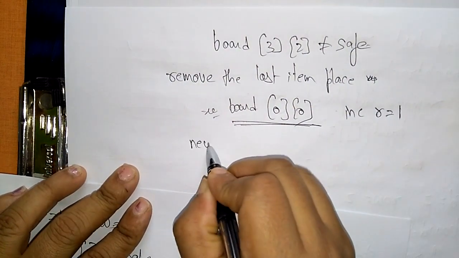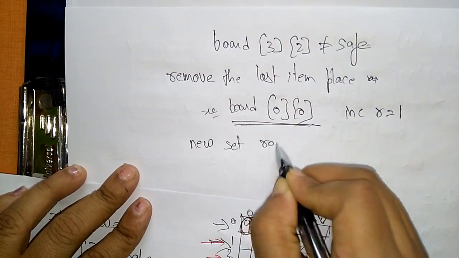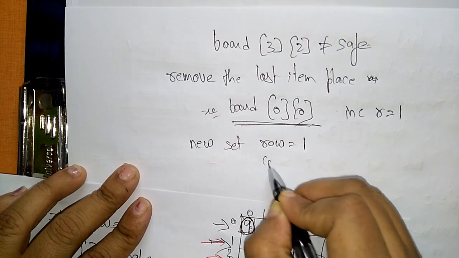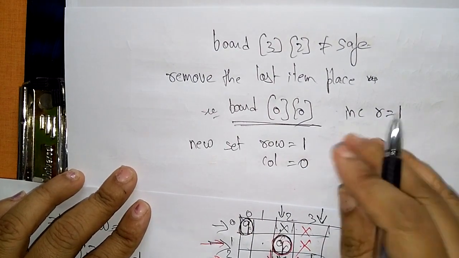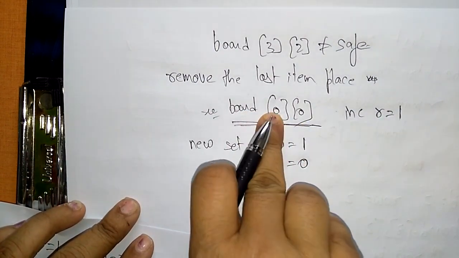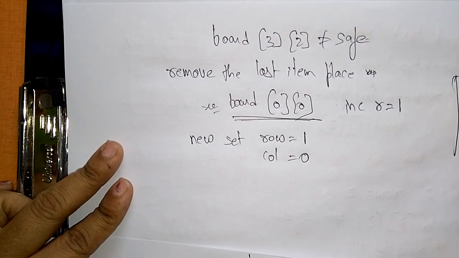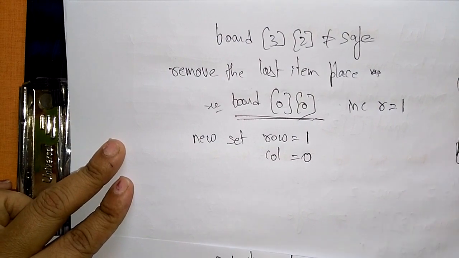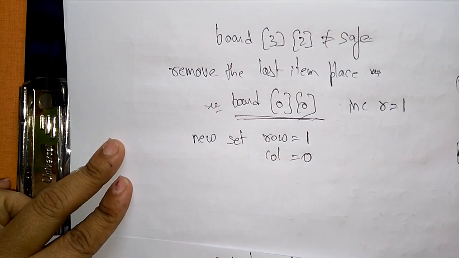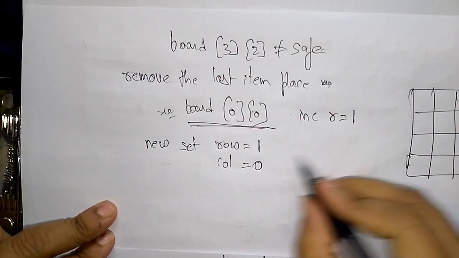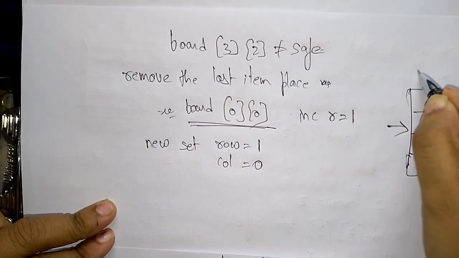The new state is row equal to 1 and column 0. So just increment the row, don't change the column.